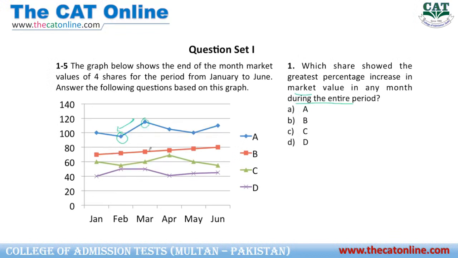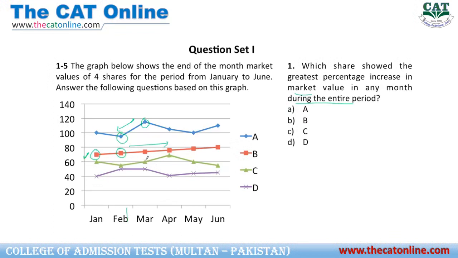We can check for B only in the initial months, that is January and February, because here the second principle will apply. The growth is same throughout, but the base is increasing. So I don't need to check the growth of B in all the periods because it is same, and the growth rate I'll check only in this first period, because after February the growth rate of B is decreasing because the base is increasing, whereas the growth is constant.